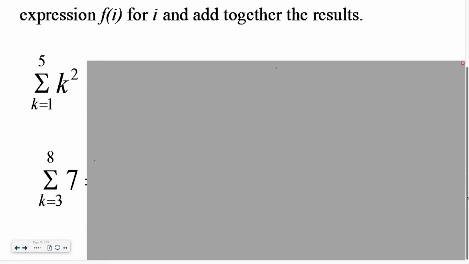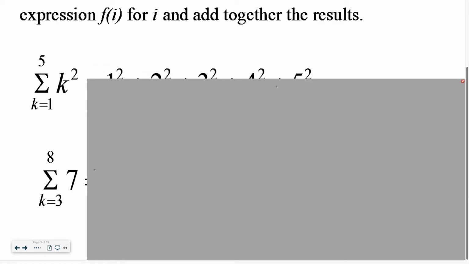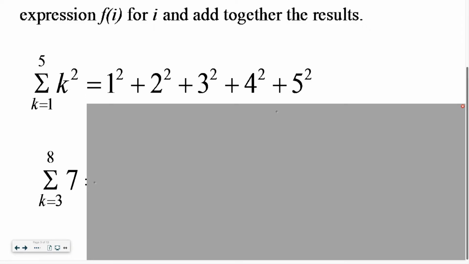Let's talk about the sum, that's what that means, from k equals 1 to 5 of k squared. That's how you would read that off to me if I asked you for this problem. So we start by plugging in 1 into k. So we have 1 squared plus 2 squared, plus 3 squared, plus 4 squared, plus 5 squared.